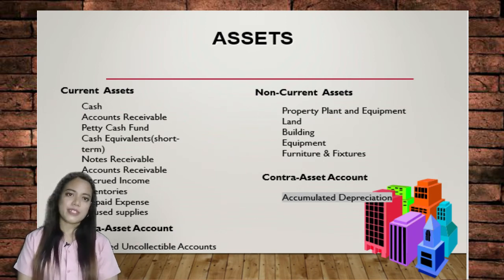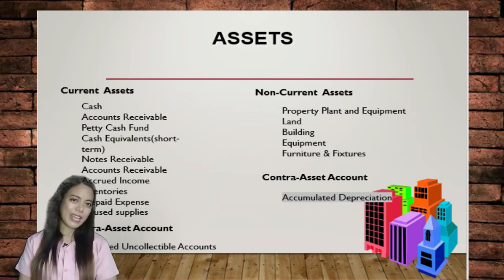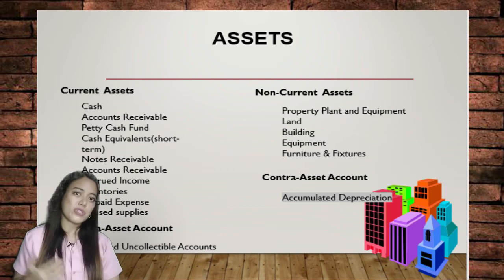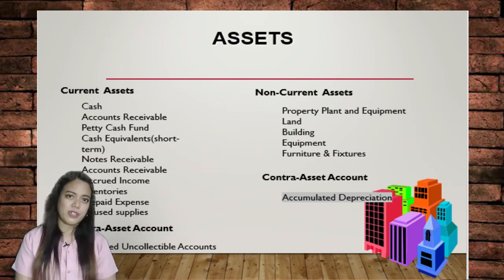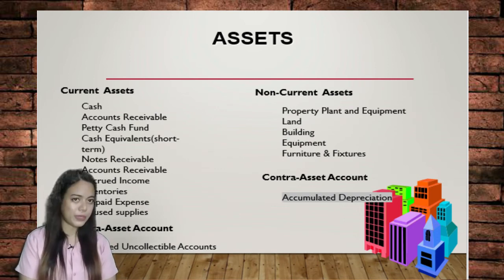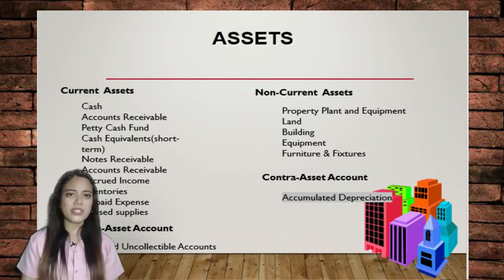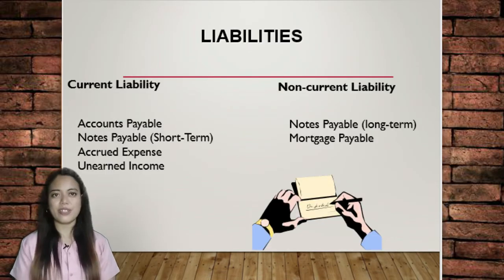Buildings and equipment are tangible assets whose values depreciate, meaning their value reduces as time goes by. So there is what we call the accumulated depreciation. So that's it. Now let's go to the liabilities section.